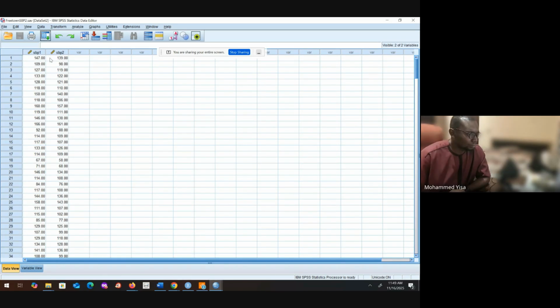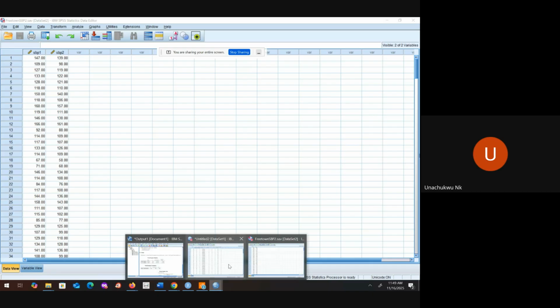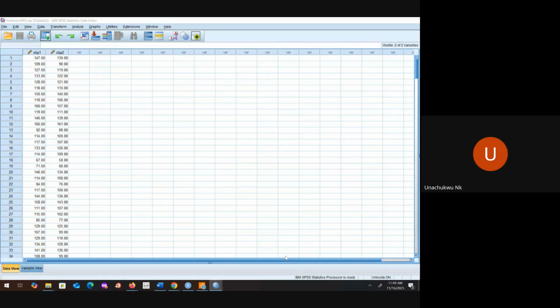Okay. So you have done the paired sample t-test. Yes. So do you want to interpret the file? This is the file that we are talking about.